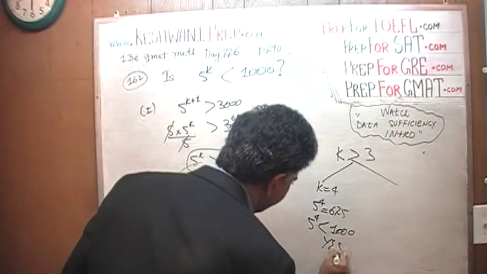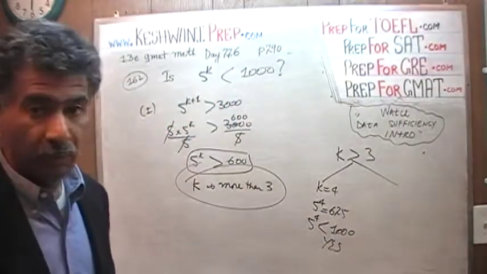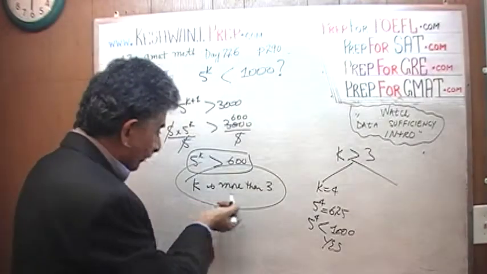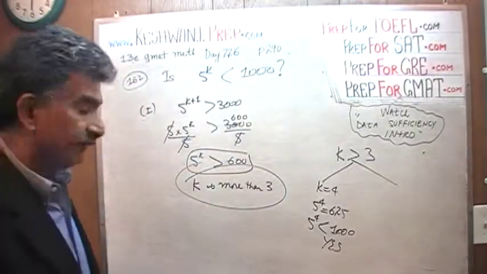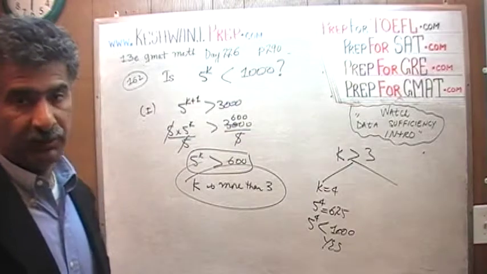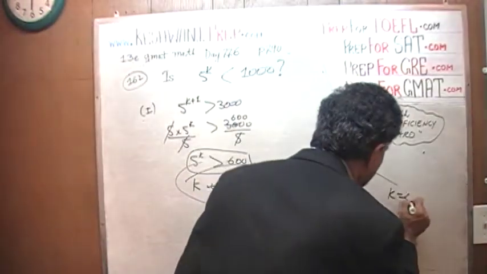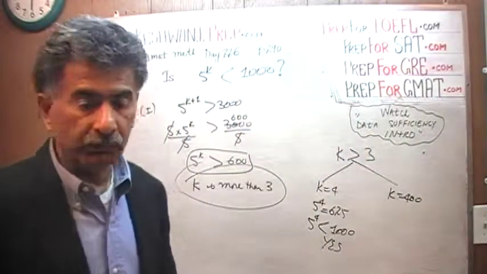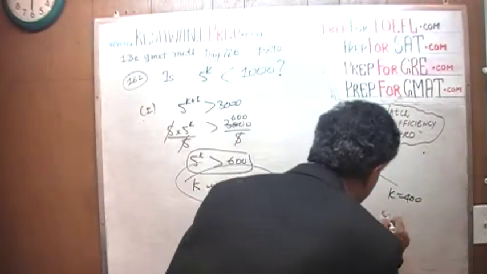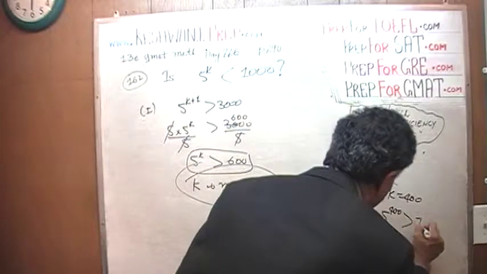In this case the answer is yes, it is less than 1,000. But all we can tell from here for sure is that k is more than 3. So k could be 4 or k could be 400. Who knows? If k happens to be 400, then 5 raised to 400 is more than 1,000.